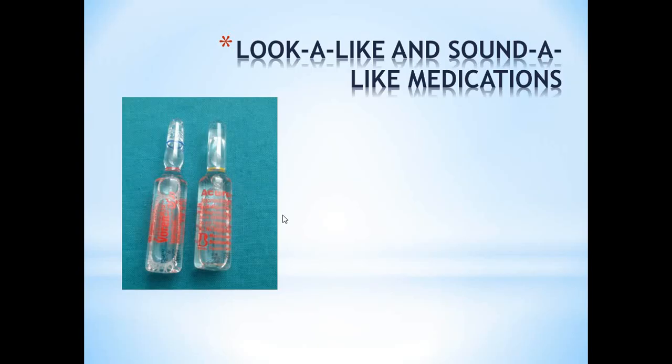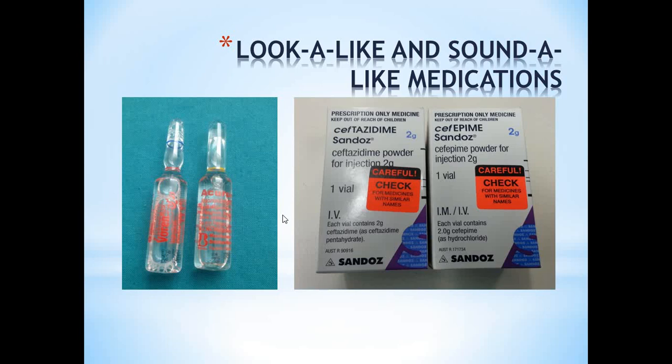If the patient gets Warren instead of Acuran, or Acuran instead of Warren, a lethal or undesirable effect may be produced, and it may harm the patient, and another adverse event may occur.